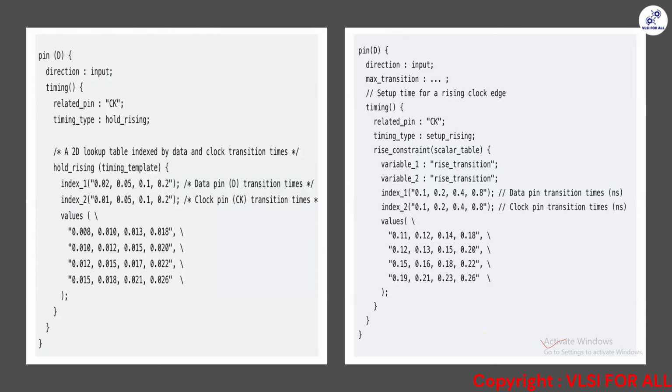It will calculate: I have 5 AND cells, and the AND cells are of different drive strengths. I will go into the library and combine the area of these 5 AND cells. I have 10 OR cells, so it will do the same. It is not rocket science. It will just go into the library, calculate cumulatively, and dump the results: this is the final area report of my design. So this is what I wanted to complete about timing.